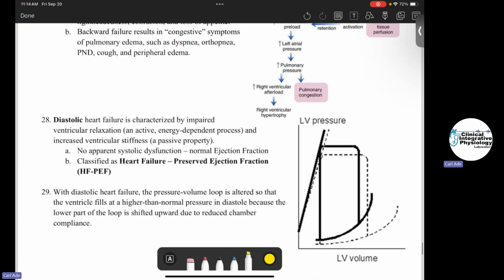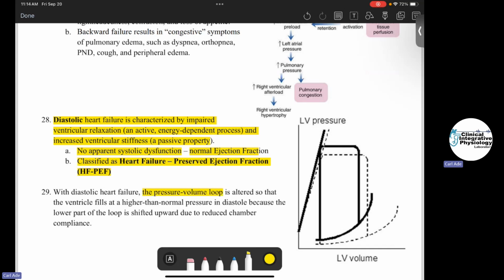The other type of heart failure I want to note is diastolic heart failure, meaning there's really no real apparent systolic dysfunction. They've got a normal ejection fraction. So that's where the term heart failure with preserved ejection fraction comes into play. And this means that the heart just cannot relax as well. It's very, very difficult to fill.